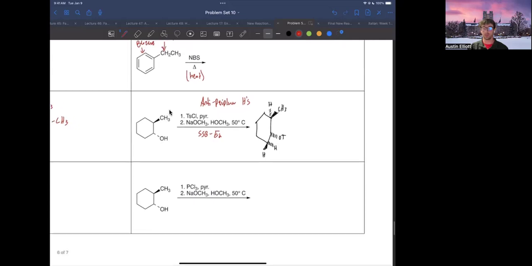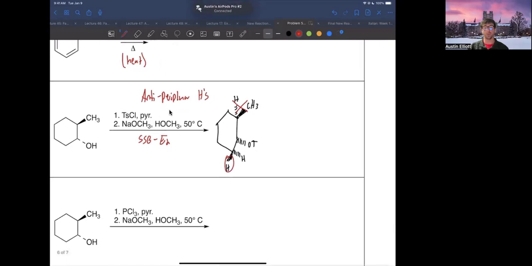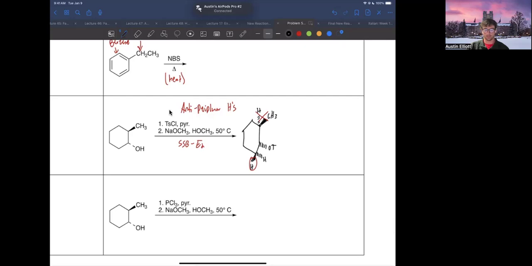But when we look, there's no hydrogens up there that are on the other plane. So we have to go down and grab this hydrogen on the wedge right there. So our product is actually going to look more like the Hofmann product in this case. Making sure to keep your stereochem of that methyl group up here. And then we eliminate in that direction.